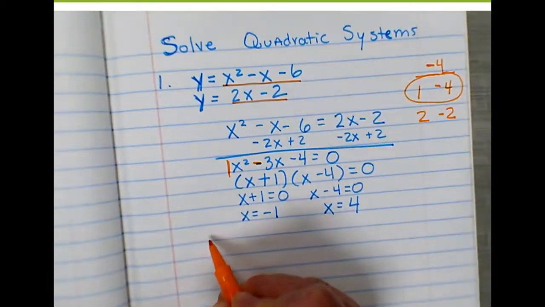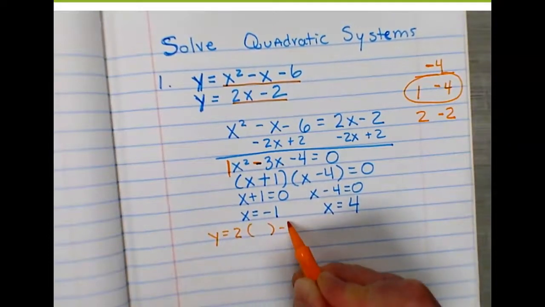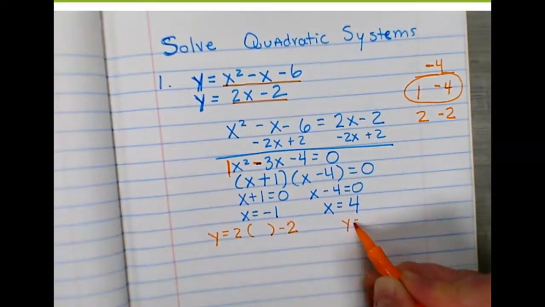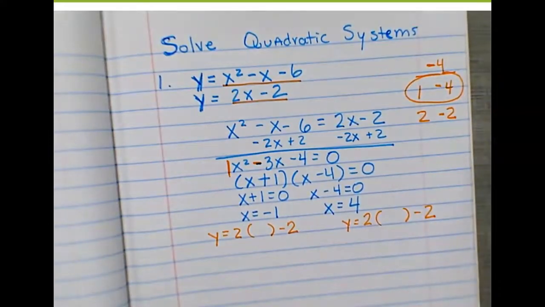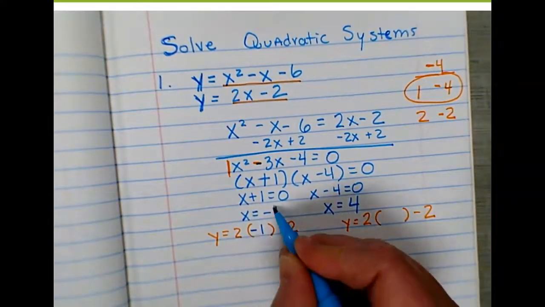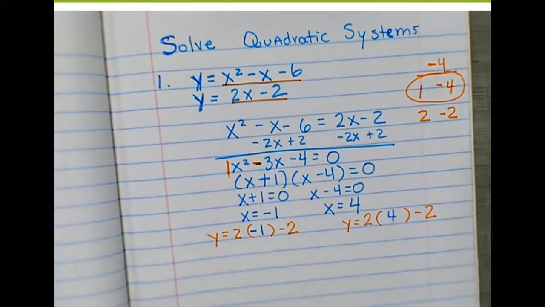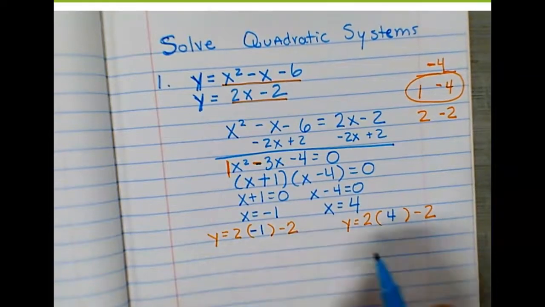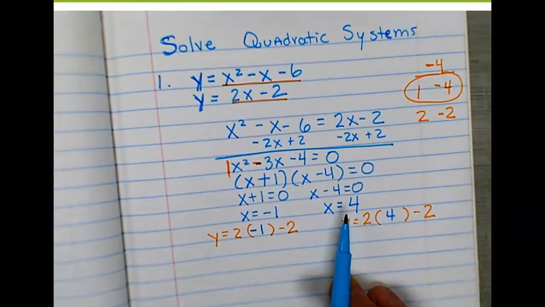So I am going to do y equals 2x minus 2. And in place of the x, I'm going to substitute the x's that I found. Do you understand why I'm doing this twice? Once for this x and once for that x.